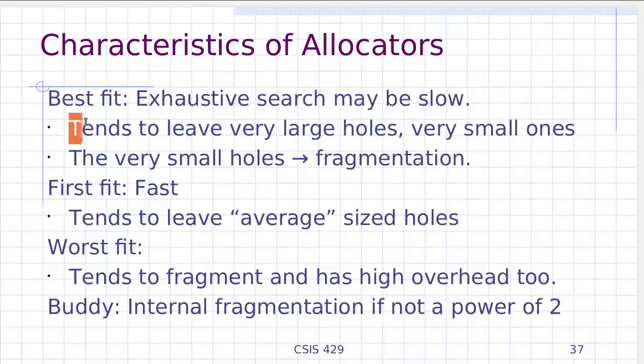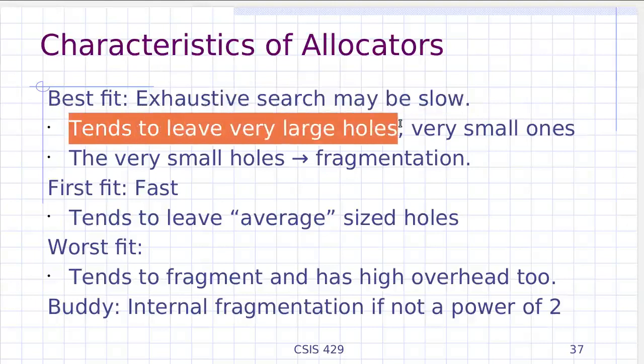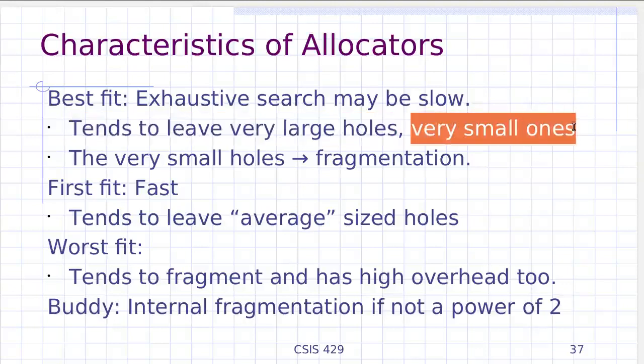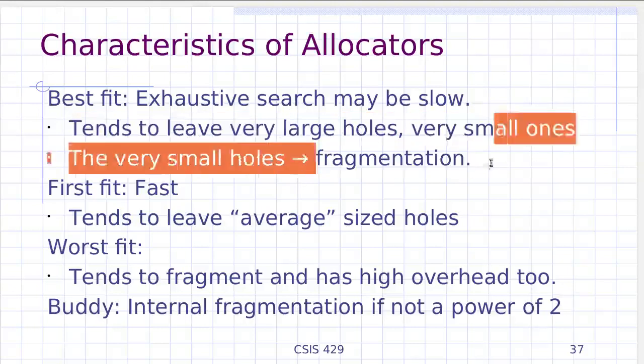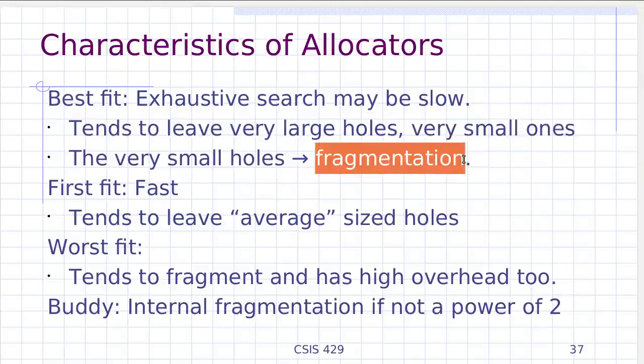In actual practice, what tends to happen is that you tend to leave very large holes in best fit or very small ones. And the very small ones are what lead to what's called fragmentation, because they may not be usable, but if you were somehow able to coalesce them, they would be usable, but coalescing may not be easy.